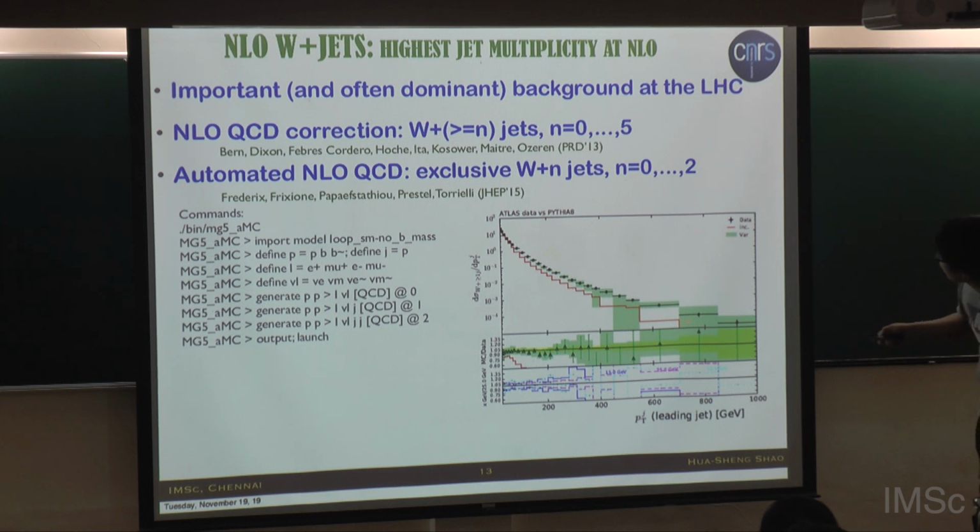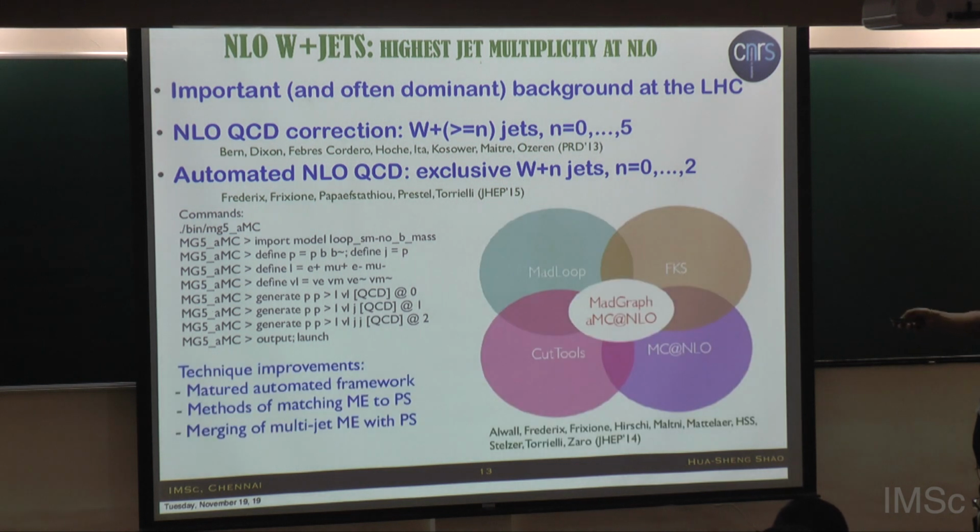I don't see the rate is inclusive at the parton level, right? So the green is exclusive, matched to the parton shower, and you see that the data favors it. So of course the inclusive one is not sufficient. So right now, this is automatic. I think you will see it again at some point, tomorrow morning maybe.